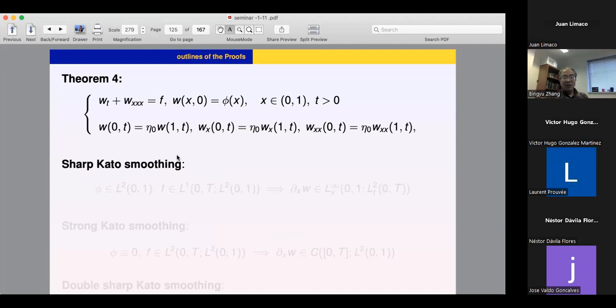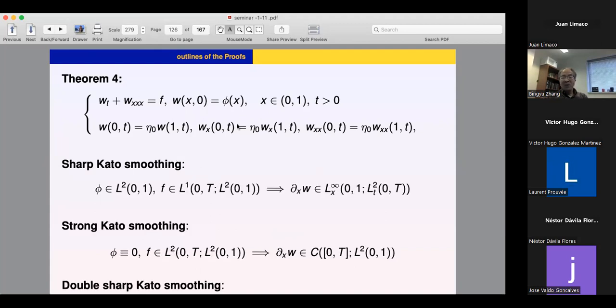Okay, back to our theorem 4. Our problem here is posed on the finite interval. For the finite interval, can you get an integral representation of the solution in terms of the initial data and forcing f? This is a challenge because you cannot use the Fourier transform. You have to replace the Fourier transform by something else. Secondly, can you use Plancherel's theorem?